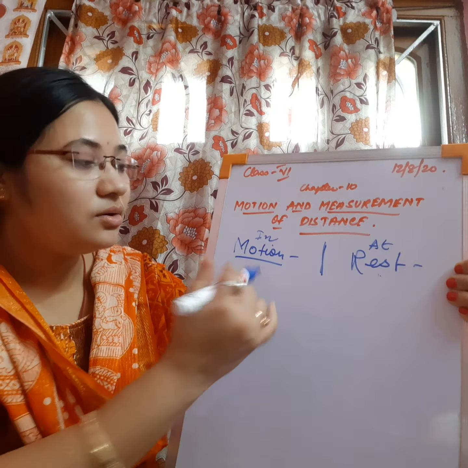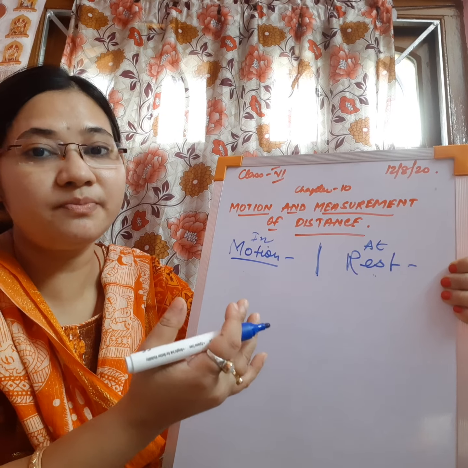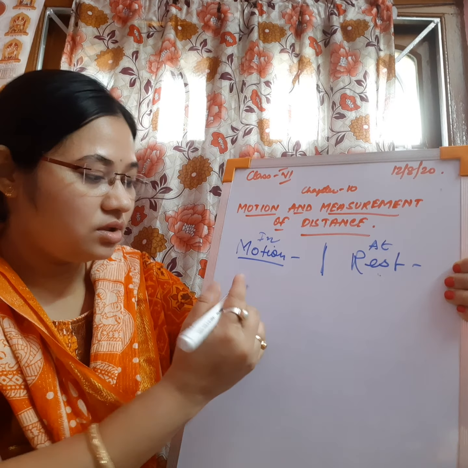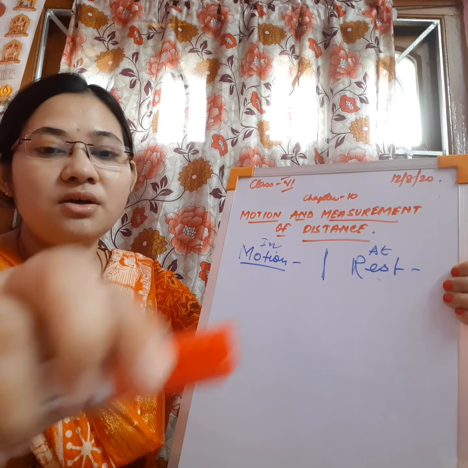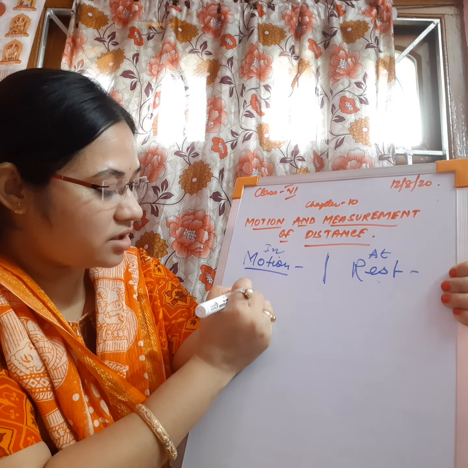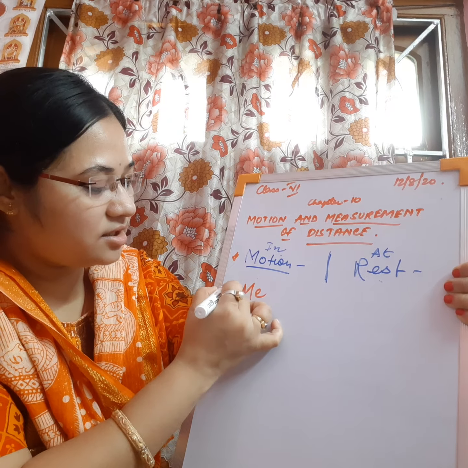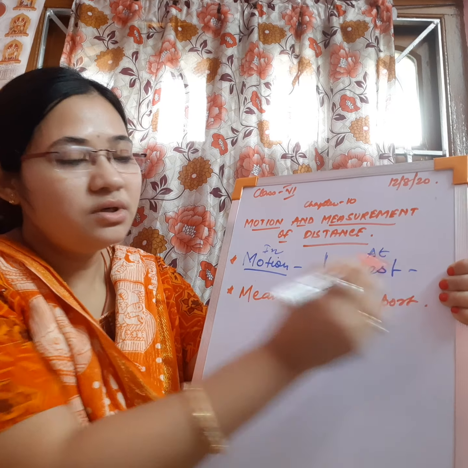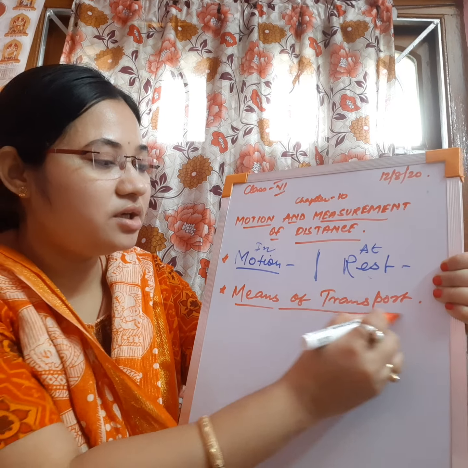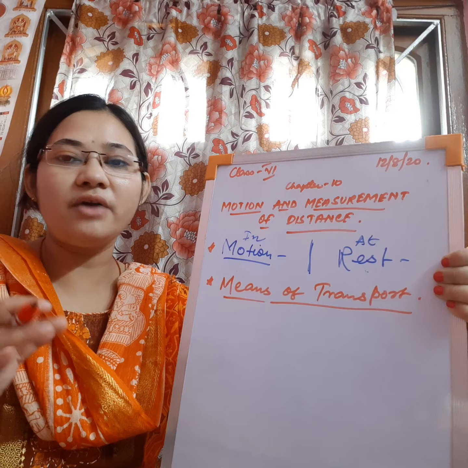Now let us see what are the different means of transport. So this is our next heading: means of transport. Transport means to change the position of a body from one place to another. That means you have to be in motion.